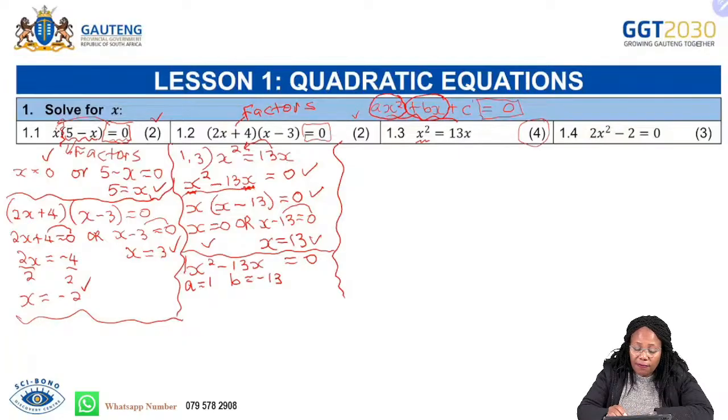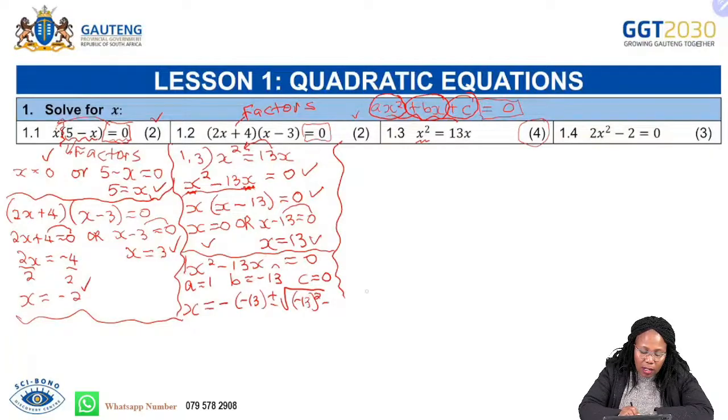And then the c value is the value without an x, of which in this case we do not have a value there. Therefore, c will be equal to 0. Then you can take your quadratic formula and substitute. It's negative b, so negative minus 13, plus or minus the square root of b squared, minus 13 squared, minus 4, a is equal to 1, and c is 0 there.